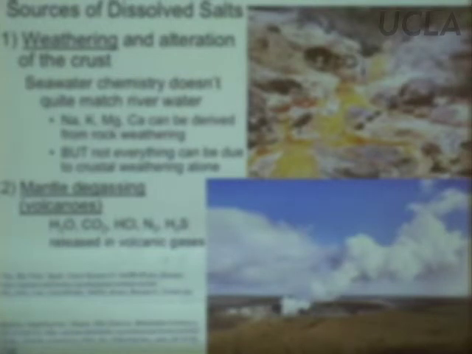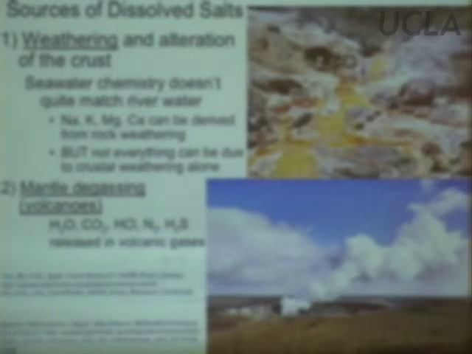But there are some things that can't really be explained that way, particularly things that like to go into the gas phase rather than forming rocks. So the water itself, we talked about being trapped in the earth from the original meteorites that formed our planet and then degassed through volcanic activity. And there are other materials that are dissolved in ocean water that come out probably the same way.